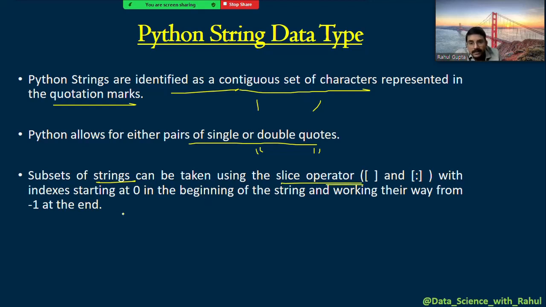We will discuss the examples in the next slide. Remember, the indexing in this starts from 0. In a few programming languages it starts from 1, but here in Python it starts from 0. So if I am going from this side, it is starting from 0, and if I am going from the other side, I can start from -1, correct? So from the end -1, from this 0.